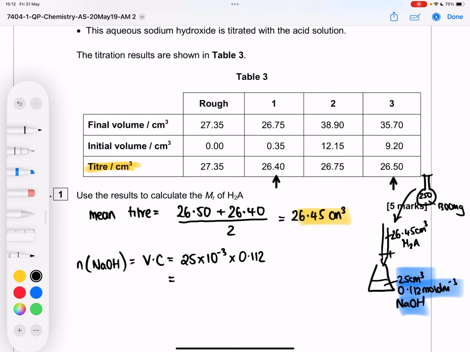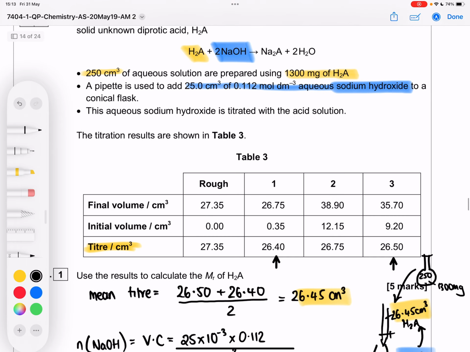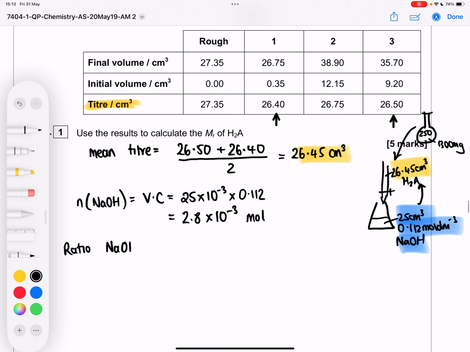If we type that into our calculator, we'll see that we get 2.8 times 10 to the minus 3 moles of sodium hydroxide. So 25 times 10 to the minus 3 times 0.112, 2.8. Now to get from the sodium hydroxide to the acid, we need to use the ratio, and the ratio from NaOH to H2A, if we go to the balanced equation, is 2:1.